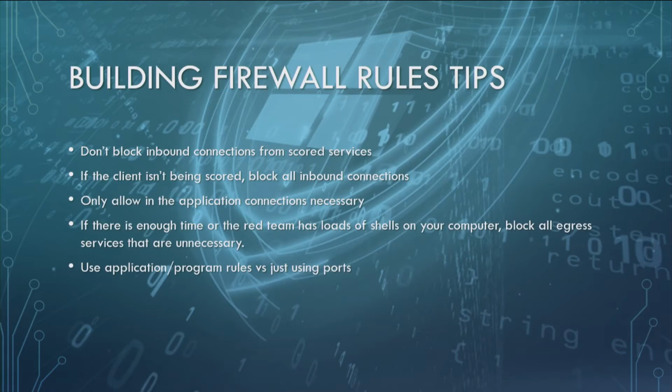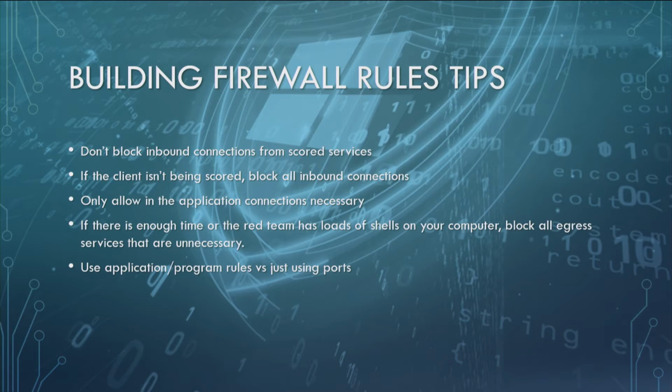Especially if red team is all over your box, block off most of your outbound rules, so that you have time to secure your box, kick them off, destroy their persistence, and get rid of their users, backdoors, and any firewall rules they might have implemented.